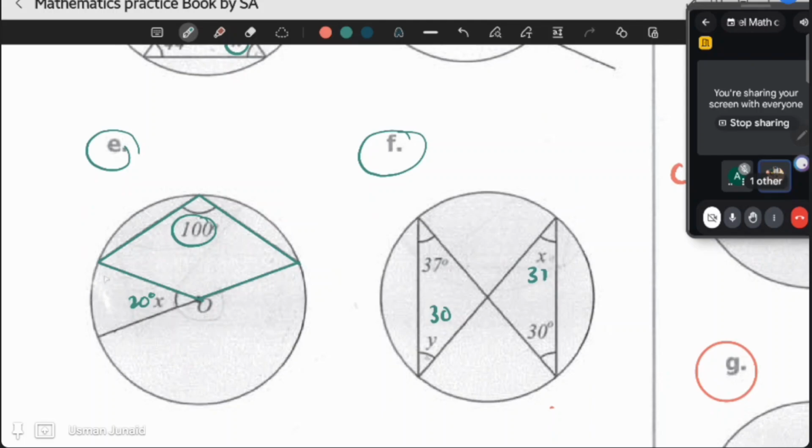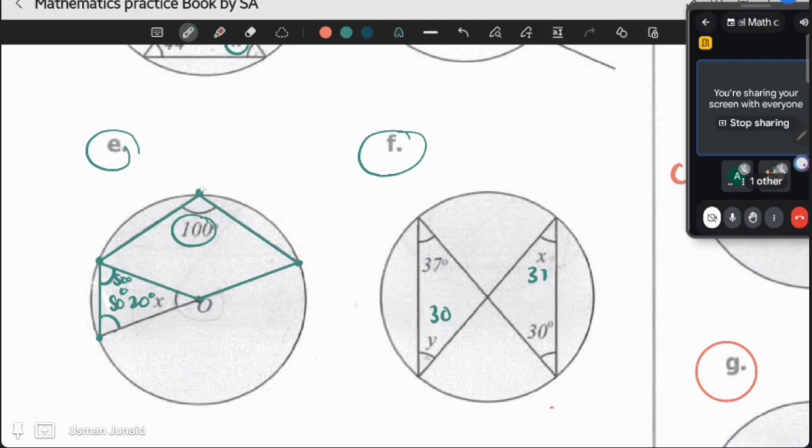Okay, what you're thinking of is quadrilateral, right? क्वाड्रिलैटरल के लिए ऑल वर्टिसेस हैव टू बी ऑन दी सर्कमफेरेंस, तो हमें यहाँ पे एक लाइन इंट्रोड्यूस करनी पड़ जाएगी, तो ये एंगल जो है ये 80 होगा. So if this is 80, this is also 80, and that gives you 20 for x. You have to introduce a new line.